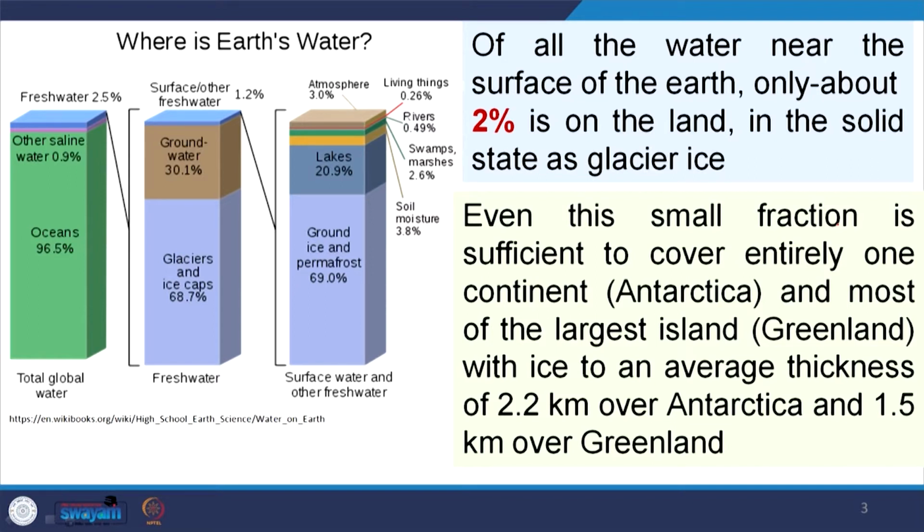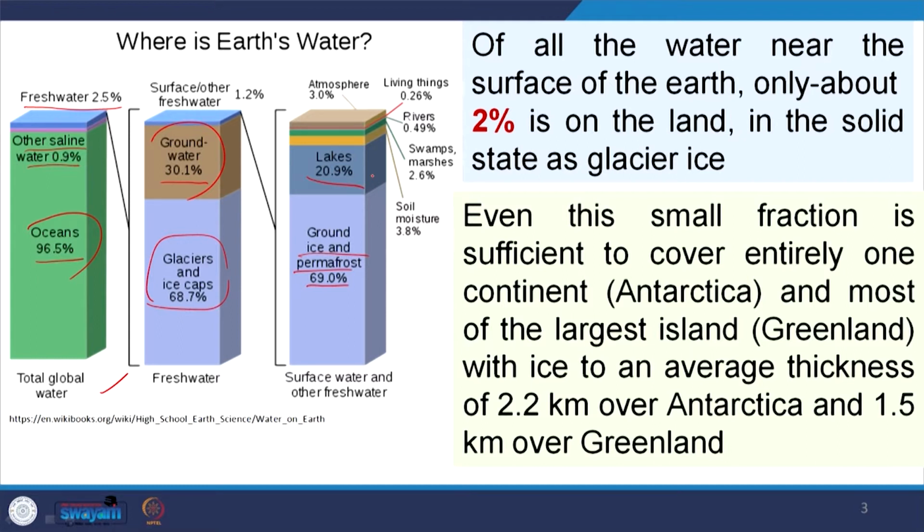Here this budget is given: 96.5% is ocean, other saline water is 0.9%, but this 2.5% is fresh water. Out of the 2.5% fresh water, 68.7% is glacier and ice cap, and 30.1% is groundwater. Then, here you see ground ice and permafrost is this much, and lake is this much. So, that is the complete water budget of the earth crust.